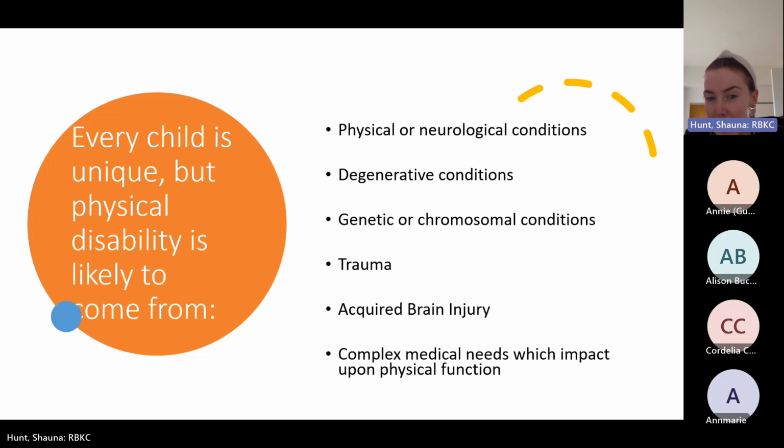They could have a genetic or chromosomal condition, perhaps Down syndrome. It could be due to trauma, maybe as a result of an accident, an amputation or a serious illness. They may have a physical disability due to an acquired brain injury, or they may have complex medical needs which impact upon their function.